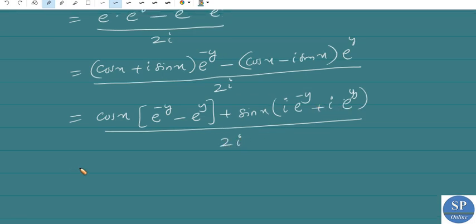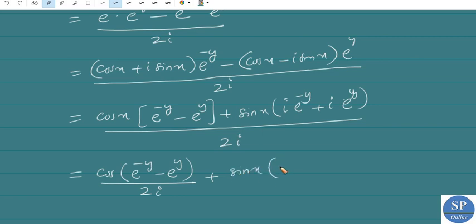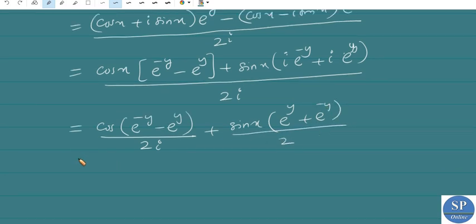This equals cos x (e^{−y} − e^{y}) / 2i plus, taking i outside and cancelling it, sin x (e^{y} + e^{−y}) / 2. Clear? Here we are multiplying by i and dividing by i.